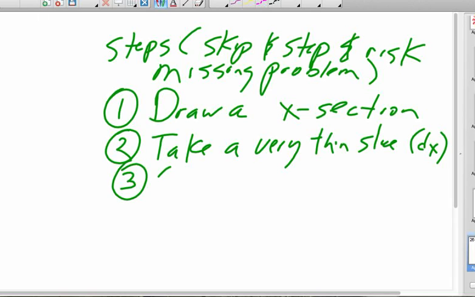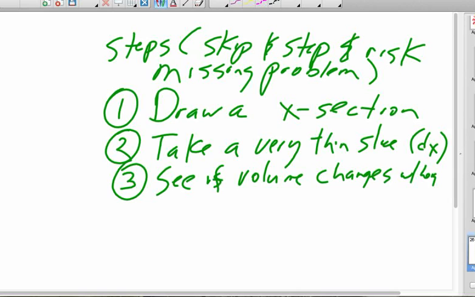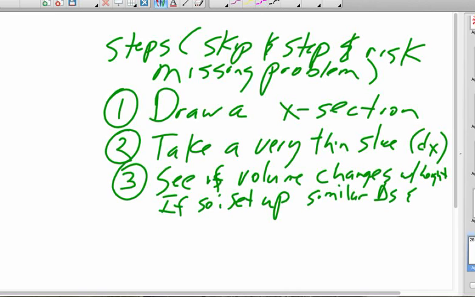Then see if volume changes with height. If so, set up similar triangles and solve for your r.